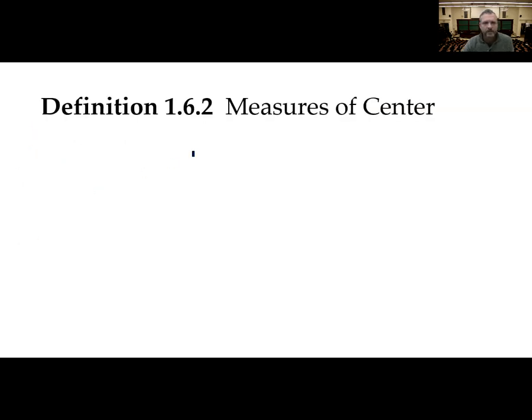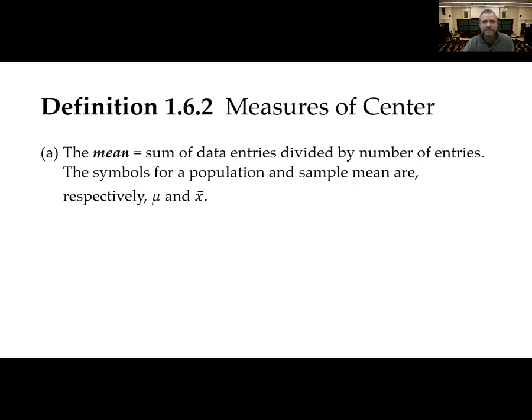So what are they? Well, the mean is the sum of the data entries divided by the number of entries. Now, keep in mind, in earlier sections we talked about samples and populations. If I have a group of numbers or data, that could be population data. I might actually have every single value in the population.